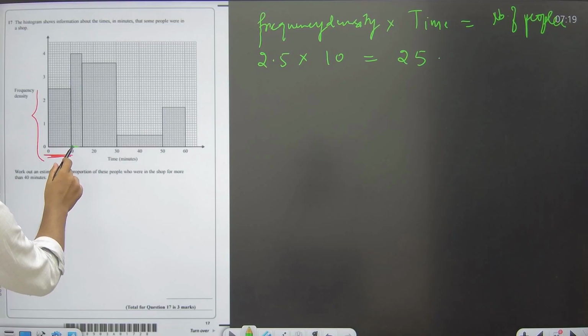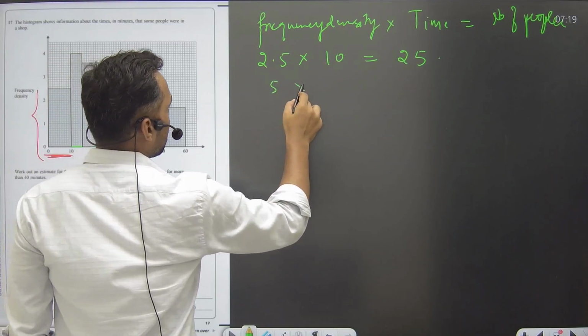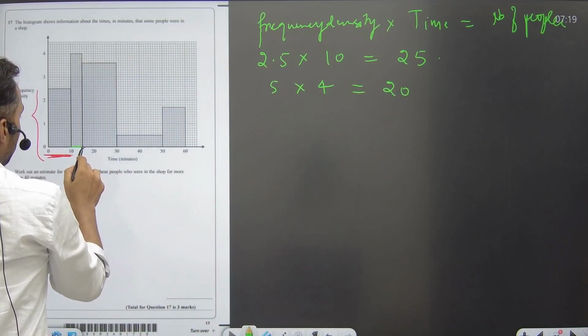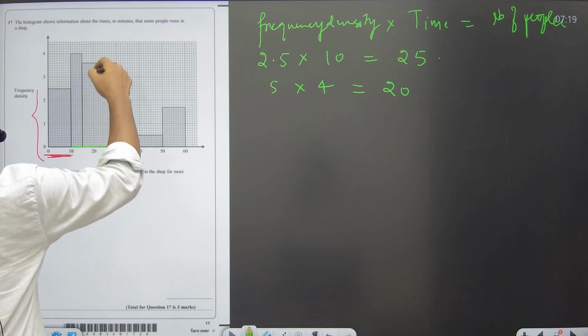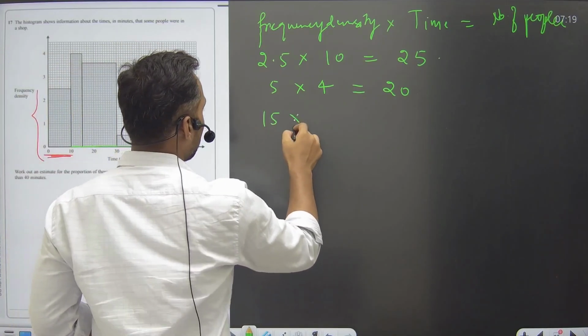You need to see this particular part. It is 5 cross 4, which equals 20. Same from here to here, students, this is 10, 15 cross 3.6.